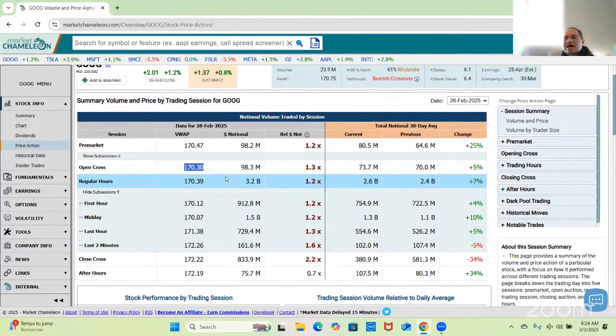You can't just short a stock and not borrow it. It's called a locate. If you don't have a locate, who did you borrow it from? Or even if you had one originally and you no longer have it, you might be forced to cover your short. You've got to buy back. And that situation could play out, capitulation, overreaction to some news. So we look for those types of things.